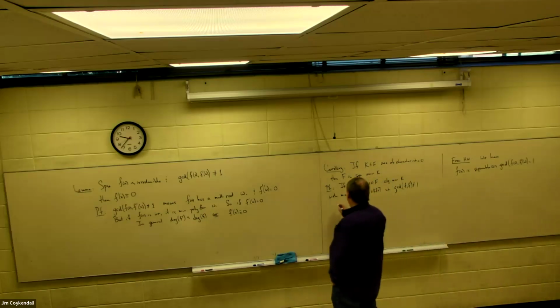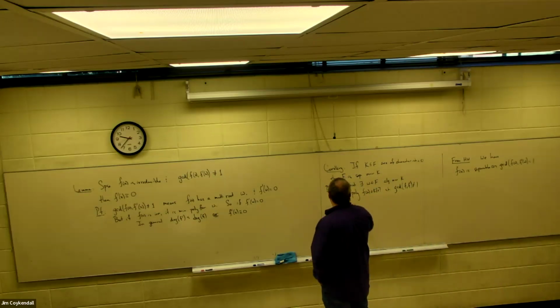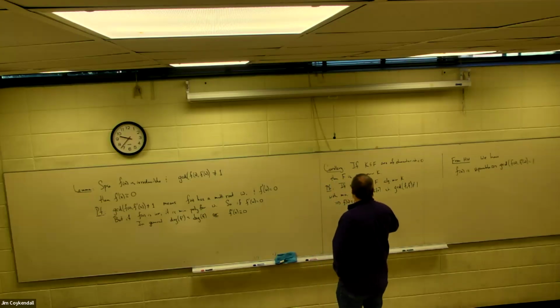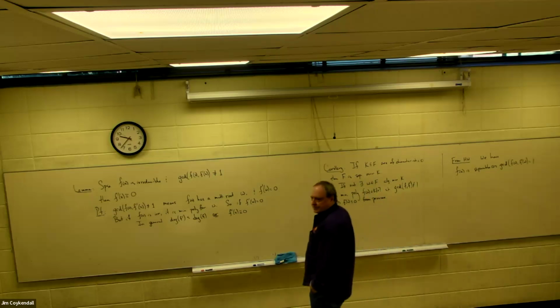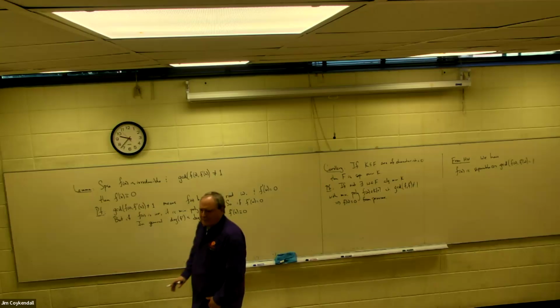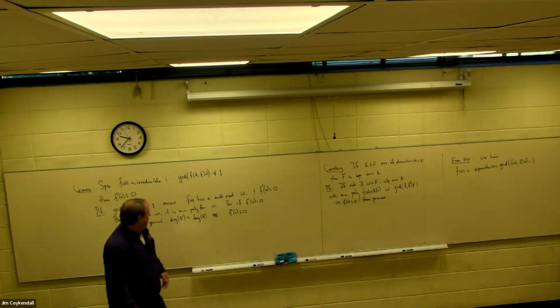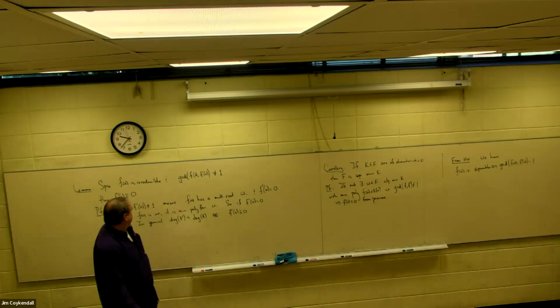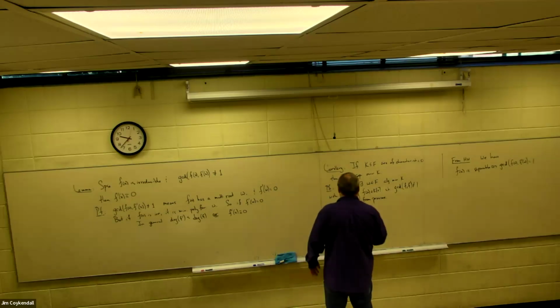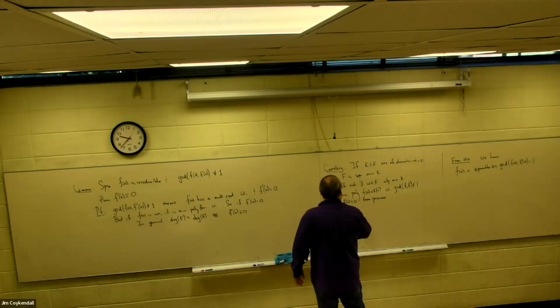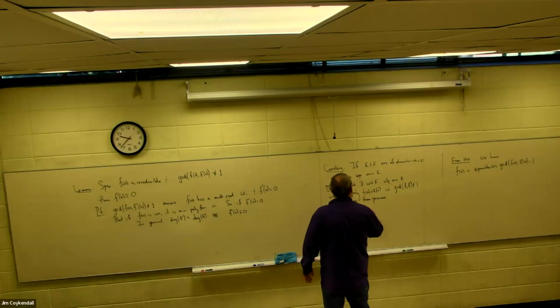Which implies f prime of x is identically 0 from previous. Agree? But then, therefore, f of x is constant.